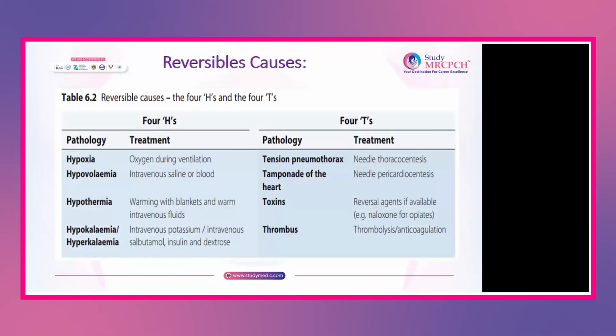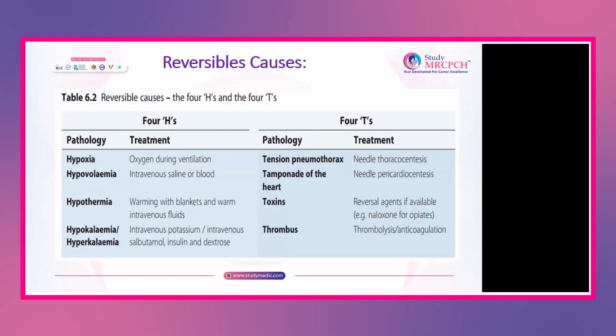The first one in the 4 H's is hypoxia. We need to give him oxygen through ventilation, simply by bag mask or advanced airway through intubation if needed. Hypovolemia is treated through intravenous fluid or even blood, depending on the type of loss.